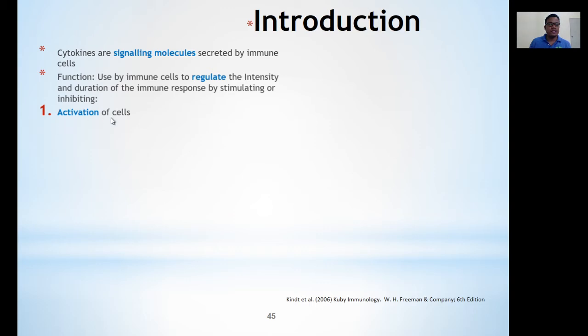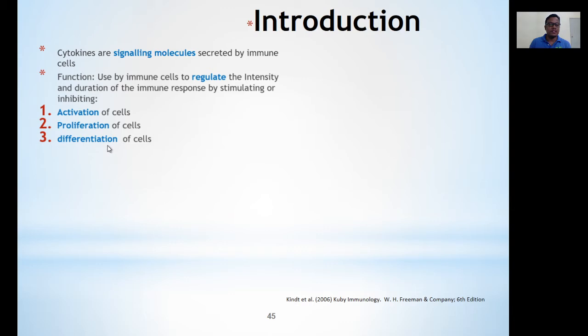First, activation of cells. If we observe here, cytokines either stimulate the activation of cells or also inhibit the activation of cells. Second, proliferation of cells. This is where the cells become clones and multiply themselves into large numbers. Third, differentiation of cells.